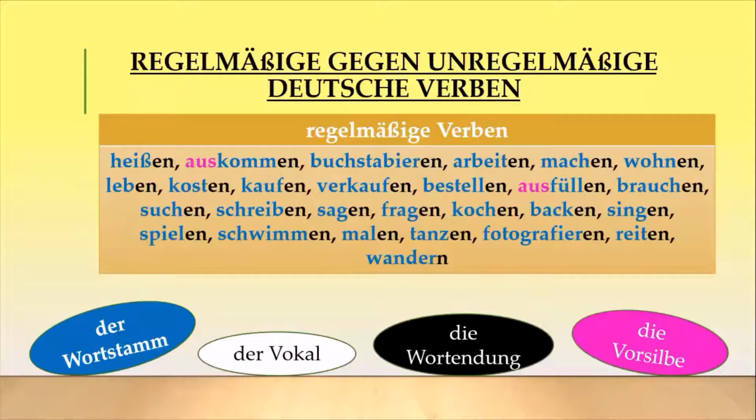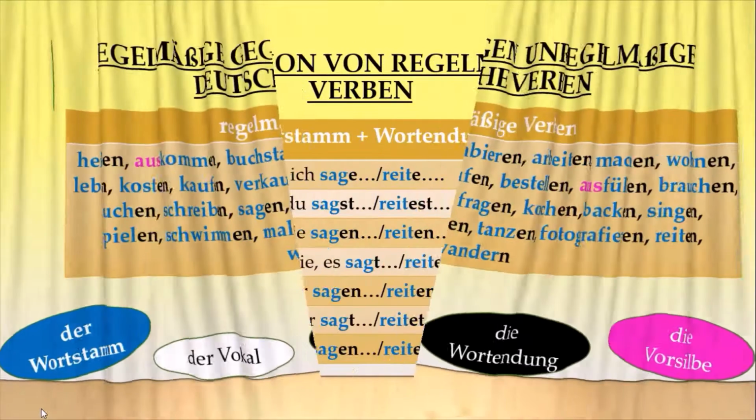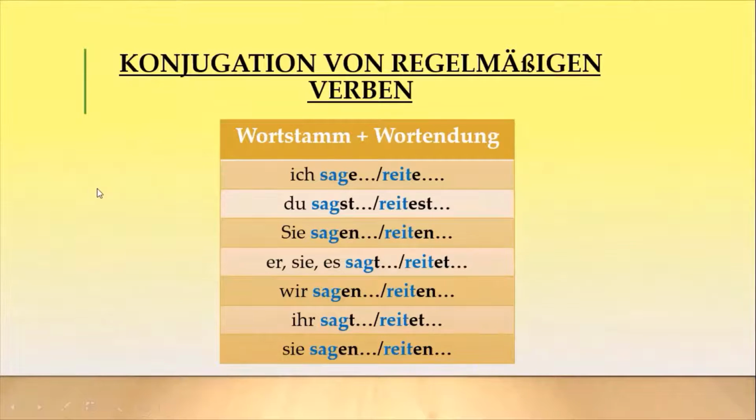Now let's quickly have a look at the conjugations of two verbs from this table, sagen, to say, and reiten, to ride. So moving on. Now, as I already mentioned, the word or the verb stem for regular verbs will not change. But of course, as these regular verbs are conjugated, the ending will change.